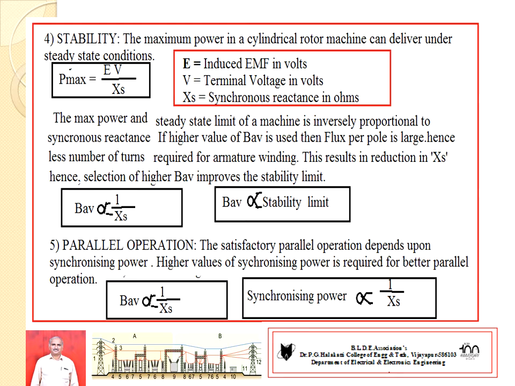When two machines or five machines may operate in one generating station, all the synchronous generators are connected in parallel, because every power station is designed for 200 megawatt, 500 megawatt power generation.